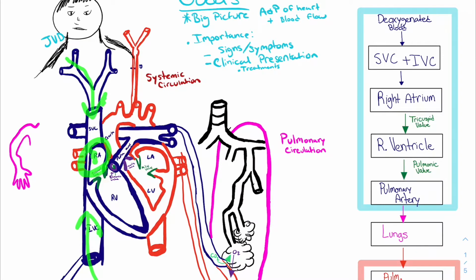Now, as a general rule of thumb, as long as there's no birth abnormalities or trauma or any other pathology going on, your right side of the heart is going to be your deoxygenated blood, and your left side of the heart is going to be oxygenated blood. So right side deoxygenated, left side oxygenated, because the left side returns blood from the lungs where it was just oxygenated.